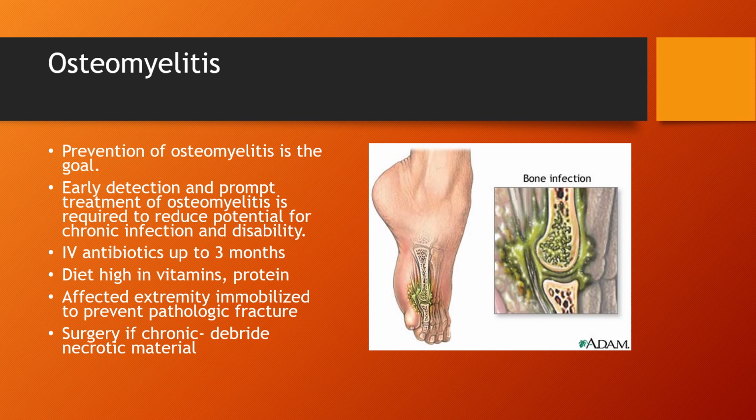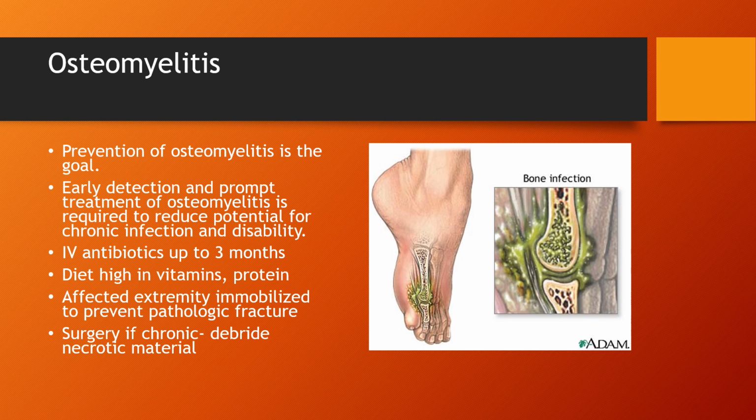So prevention is really the goal. You don't want it to happen. And early detection, if it does happen, and prompt treatment is important because it can reduce the potential for becoming a chronic infection or even disability. IV antibiotics are used to treat it, so it is an infection, it needs antibiotics, and it's treated up to 3 months. So they may be on 3 months of antibiotics.